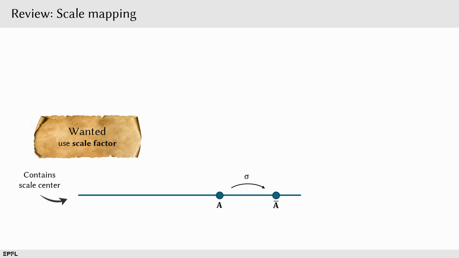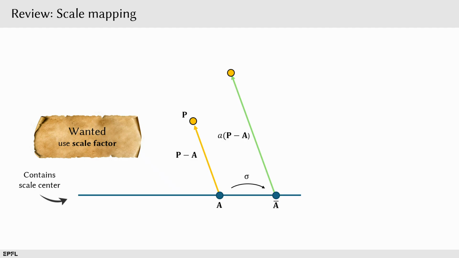And to determine how to obtain the scale mapping, we will look at how it acts on a point P. P here is depicted in the 2-dimensional plane, but it holds also for higher dimensions. So first we'll look at the vector connecting A with P, and we'll multiply it with the scale factor, in this case lowercase a.